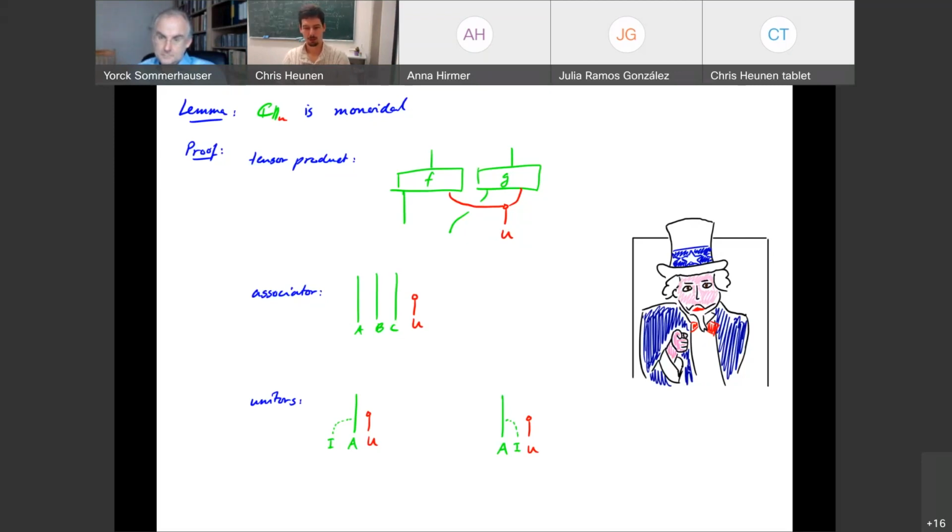And same kind of thing for the uniters. If I want to define what the uniter in the small category C restrict U is, I have to find a map from I times A times U to A. I first use the uniter of C to get rid of the I, and then I use the central idempotent U itself to get rid of the U. You can do the same thing for the right uniter, where you go from A times I times U to A: forget about the I with the right uniter from downstairs, and forget about the U, just using the fact that U is a central idempotent.